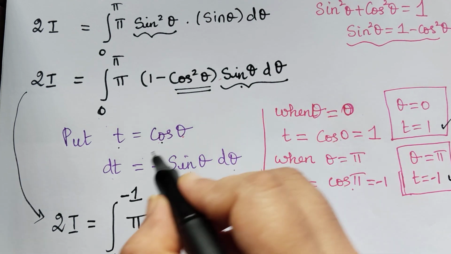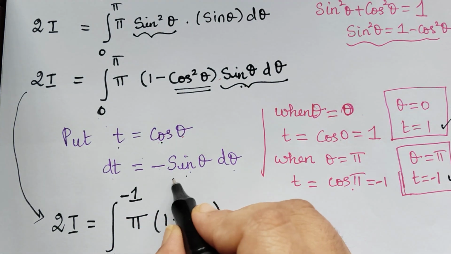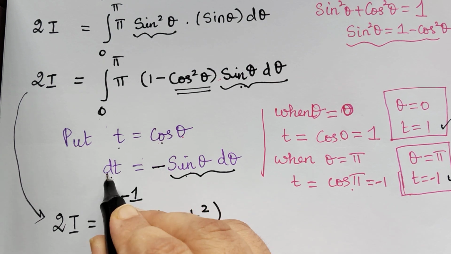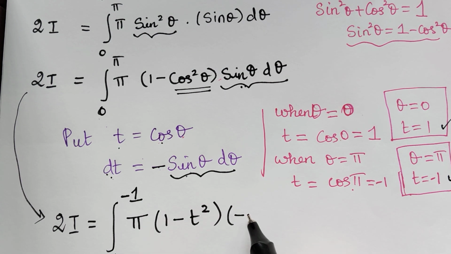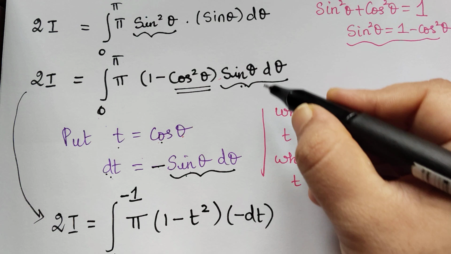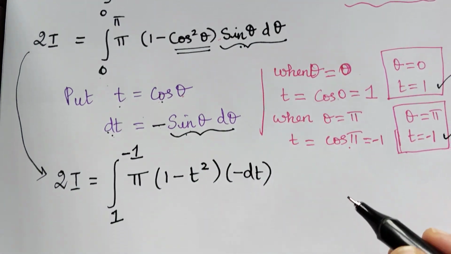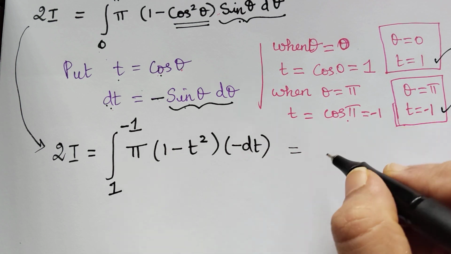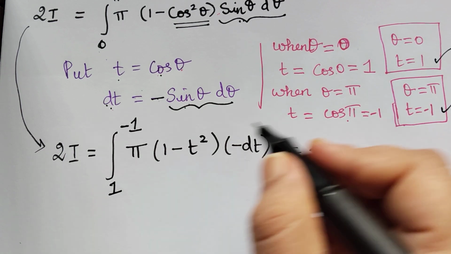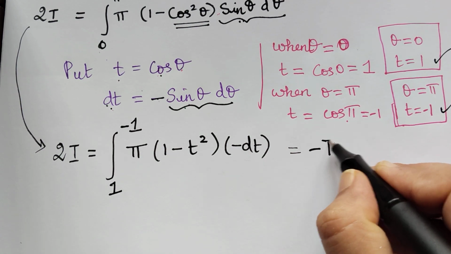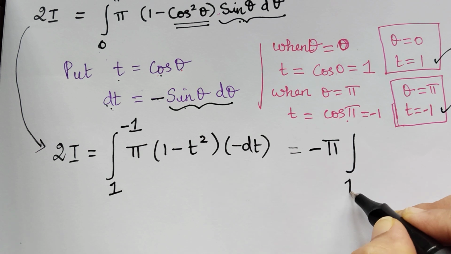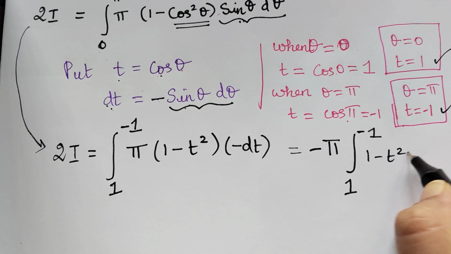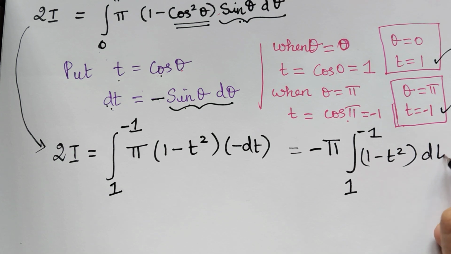But what is sine theta d theta? If you see here, it is dt, and this negative sign we have to take this side. So we will be having minus dt. So this is the substitution that we have made. From this, we will take this negative sign outside the integral. This pi is a constant, so pi also we can take outside. So integral 1 to minus 1, 1 minus t square dt.